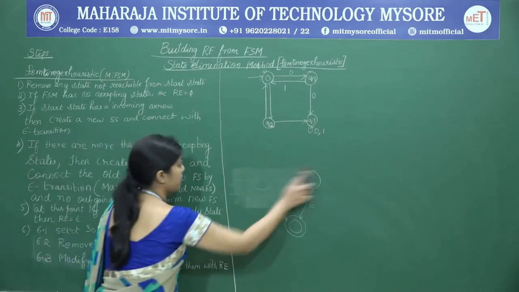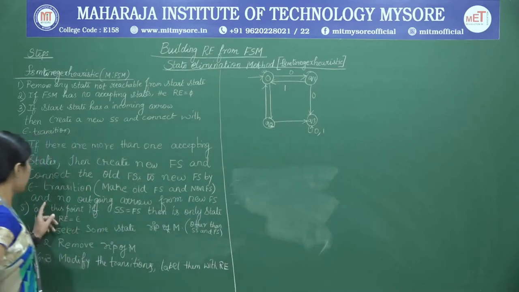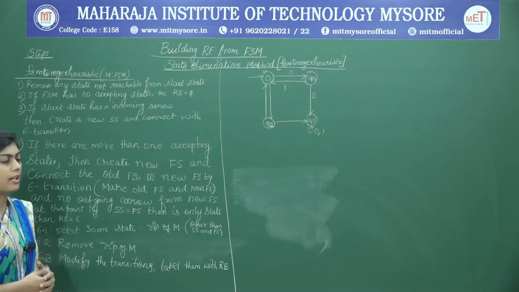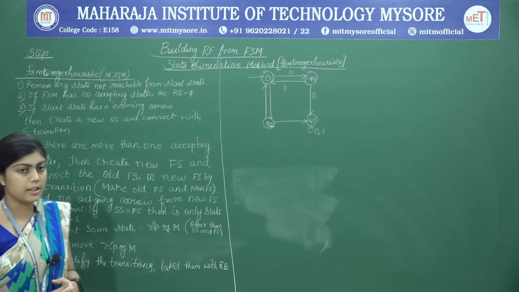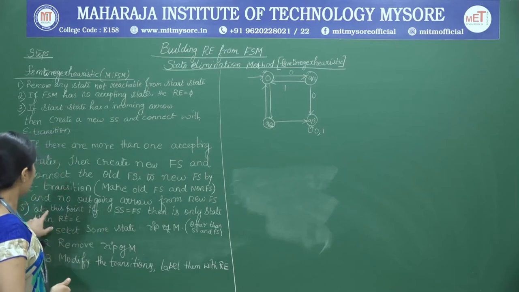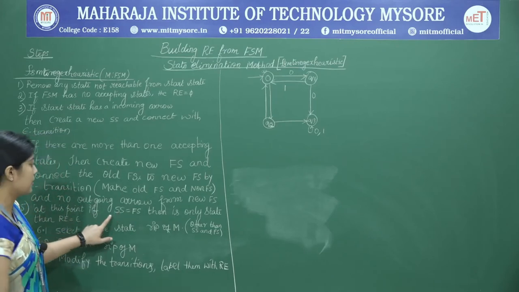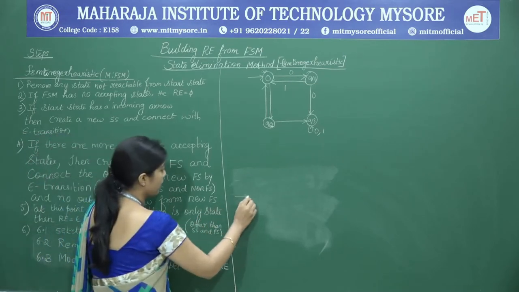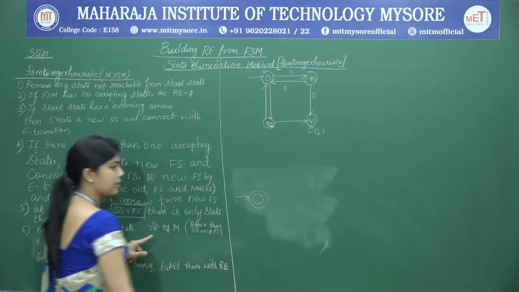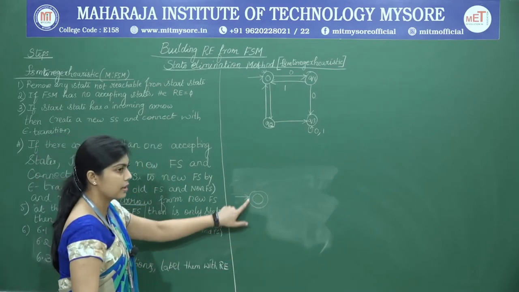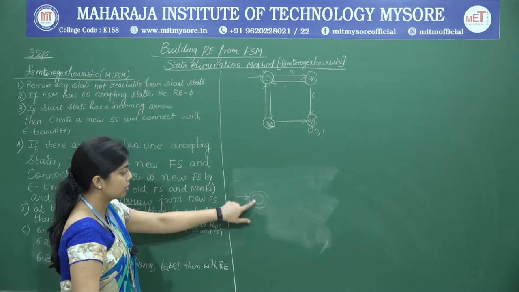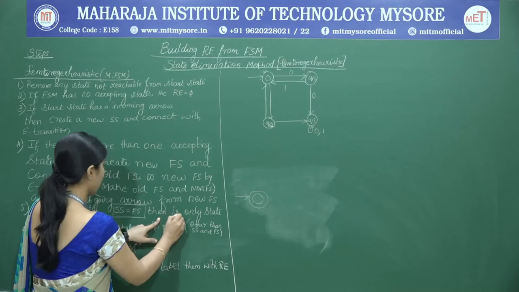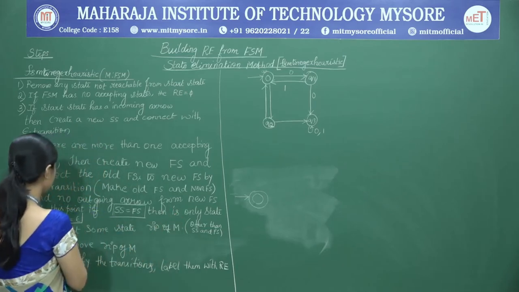We will move on to the next step. At this point, after analyzing the start state and the final state, if the start state is equal to the final state, that means after we have done all this, the start state itself is the final state, then epsilon is the regular expression.